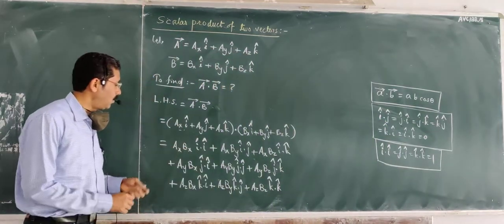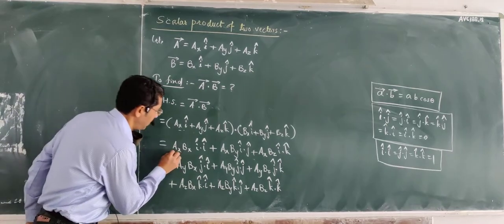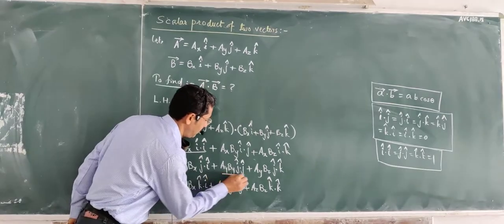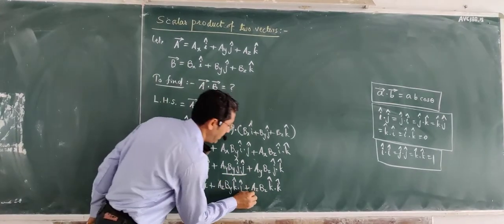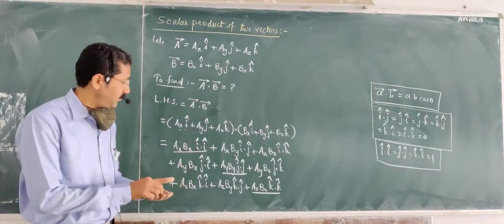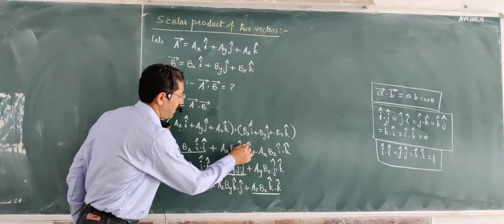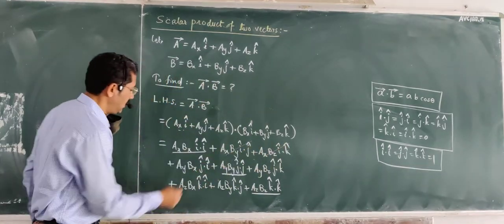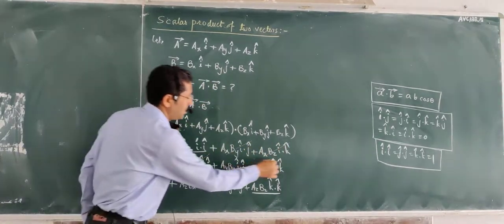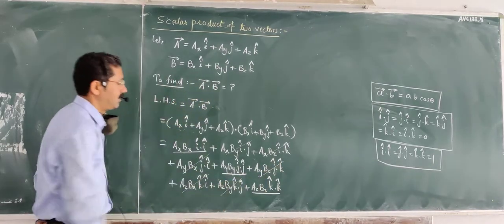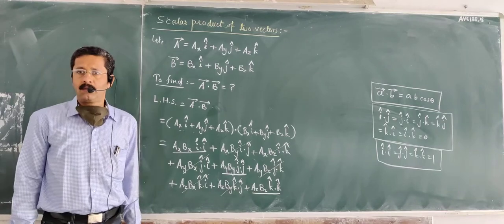So I find that of all these terms, I dot I, J dot J and K dot K will stay. The rest of the terms: I dot J becomes 0, I dot K becomes 0, J dot I becomes 0, J dot K becomes 0, K dot I and K dot J also become 0.